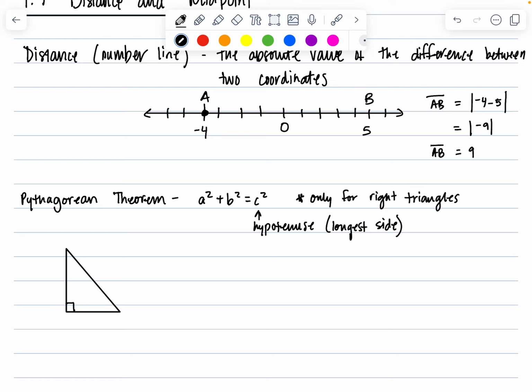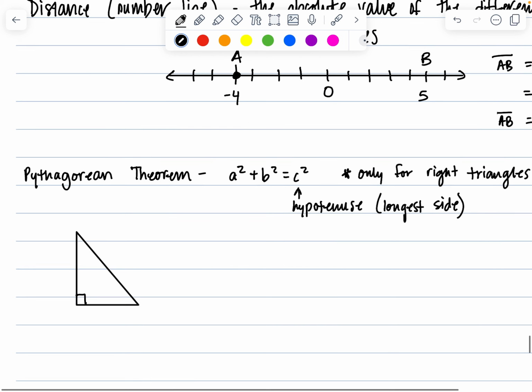I'm going to put a right angle right there, the square. And if I said, for instance, this has a length of 3, this has a length of 4, we could solve for this length using the Pythagorean theorem. In a right triangle, the side opposite the right angle is always the c value. So we could do the work here really quick. We could call this A, we could call this B, it doesn't quite matter.